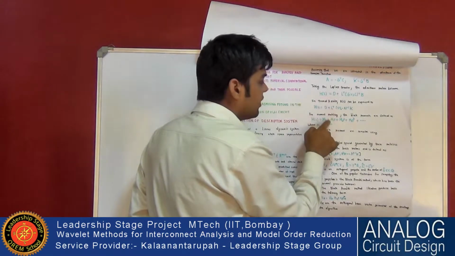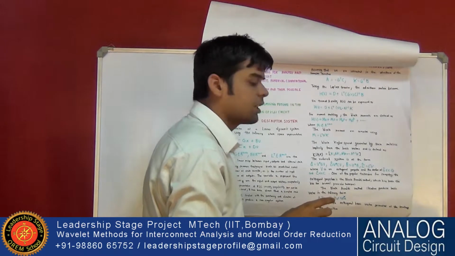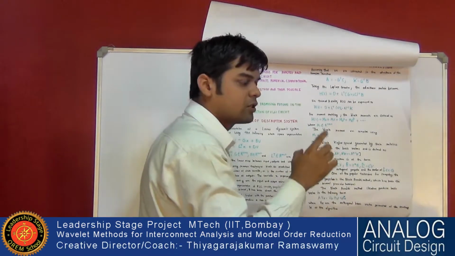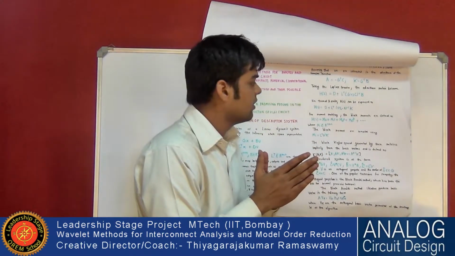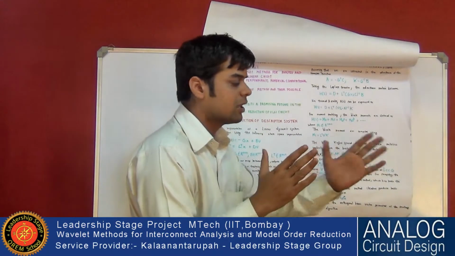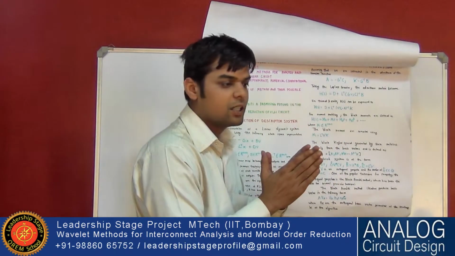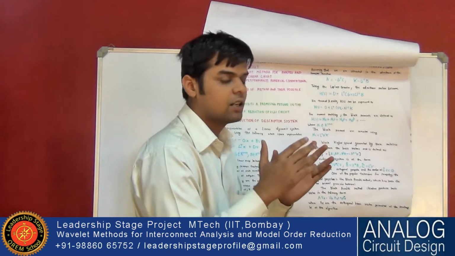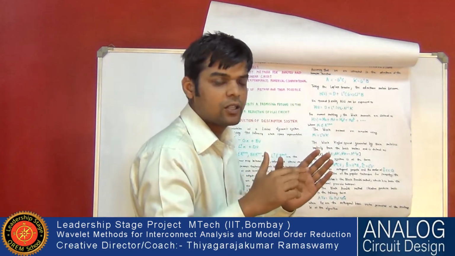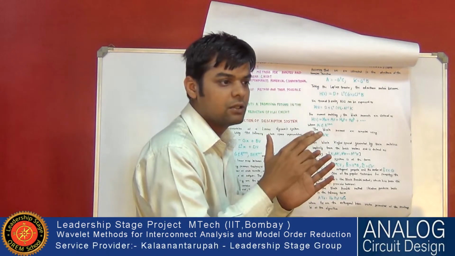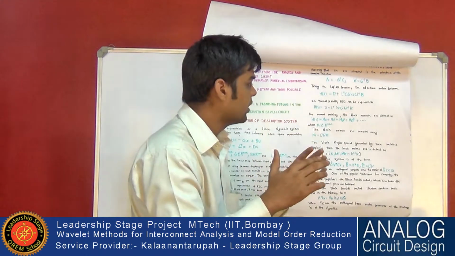If you take the Taylor series expansion, for any analytical function there is a constant plus the first derivative times (x minus a), plus the second derivative times (x minus a) squared upon 2 factorial, plus the third derivative times (x minus a) cubed divided by 3 factorial.